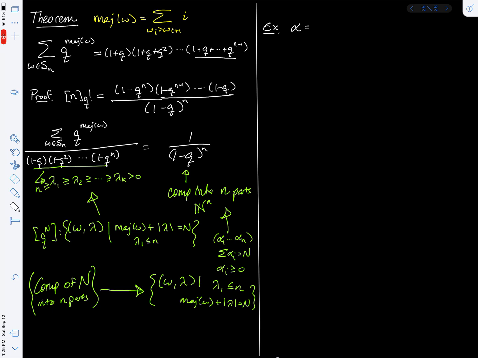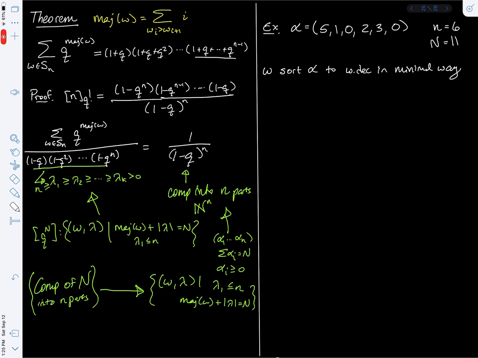So let's start with our composition alpha. I could take alpha, for example, to be 5, 1, 0, 2, 3, 0. In this particular case, n, the length of the composition, is 6, and capital N, the size, is 11: 5 plus 1 plus 2 plus 3, plus a couple zeros. Okay, the easiest thing to define is my permutation. So w is going to be sort alpha to weakly decreasing in the minimal way.